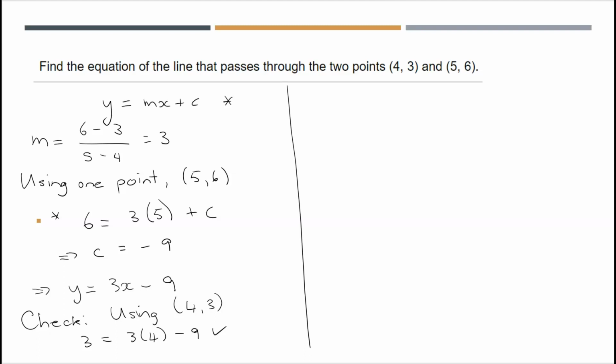Okay, you can use the formula for finding this. So you could write it like this. You could write, just using the formula, y minus 6 divided by x minus 5 is equal to 6 minus 3 over 5 minus 4. And you can pretty quickly see that this is actually the same.